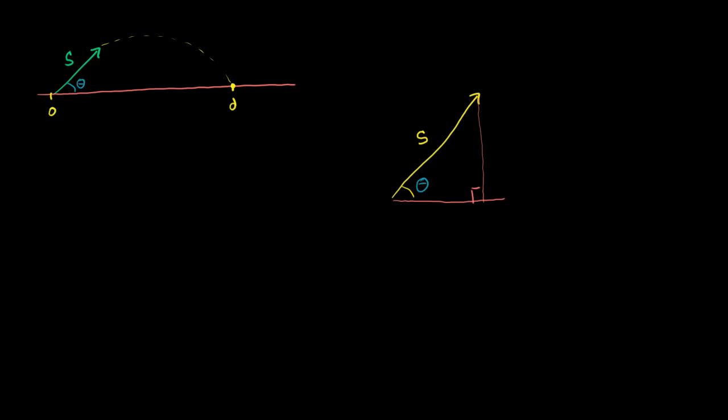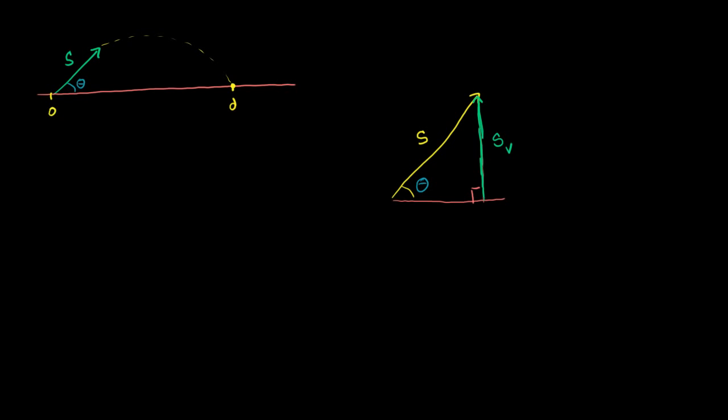The magnitude of the vertical component of our velocity is going to be this length right here. That is our vertical speed. Maybe I'll just call that the speed sub vertical.